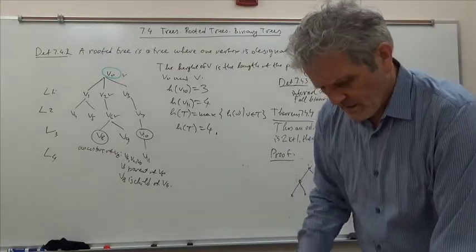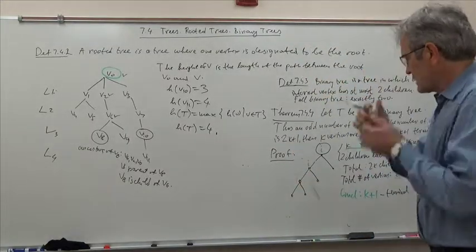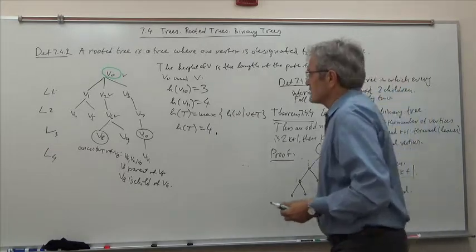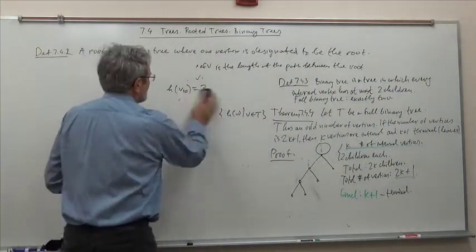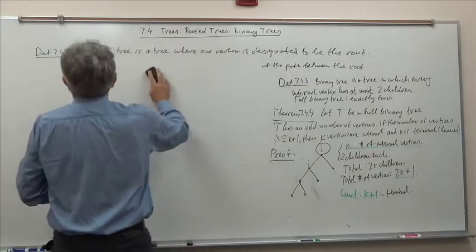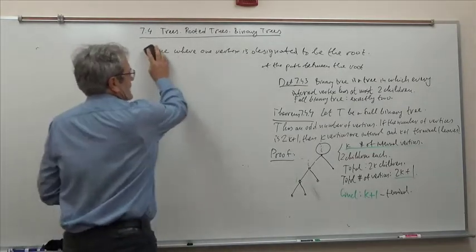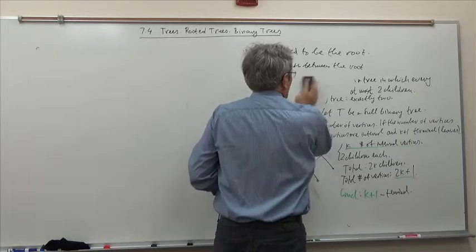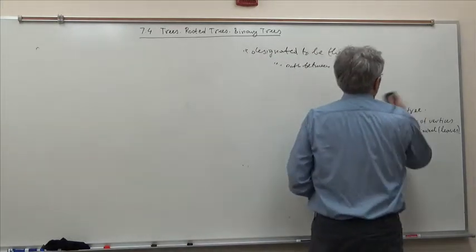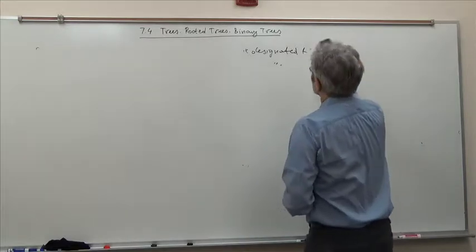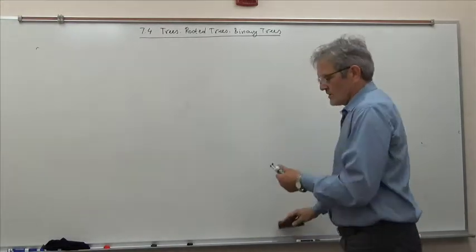And then just one remark. Obviously, every full binary tree has an odd number of vertices. Is the converse true?